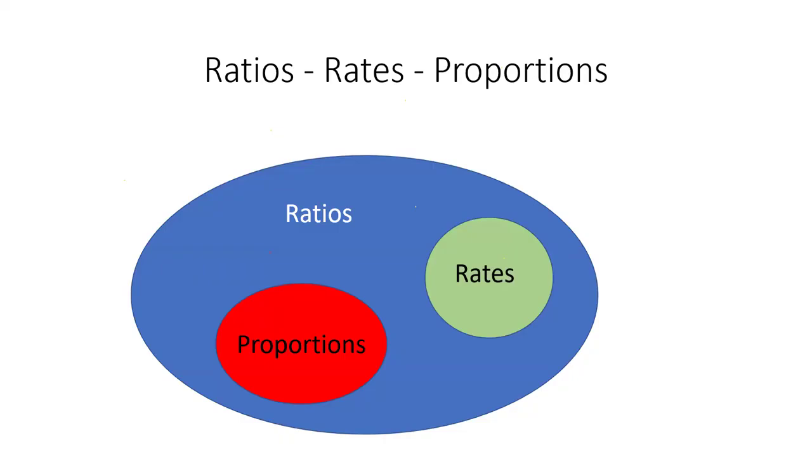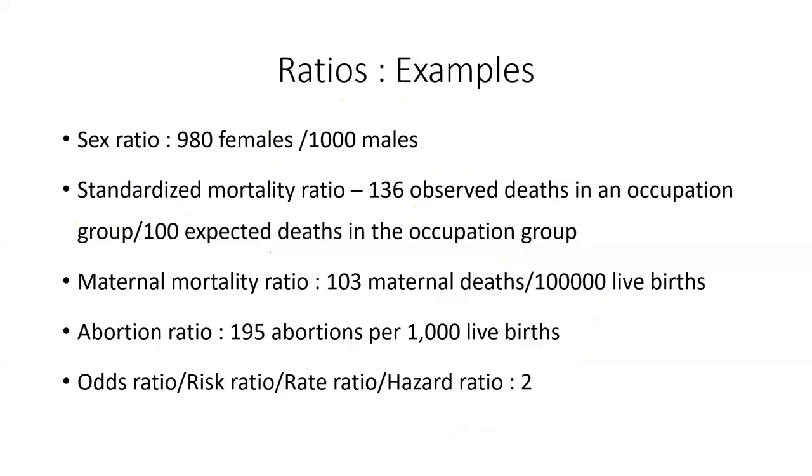Because there are many complicated forms of formula you will get, whenever you feel that it is not a proportion or a rate, I think it is safe to say that it is a ratio. Whenever there are numerators and denominators and you are dividing one by the other, it's a ratio.